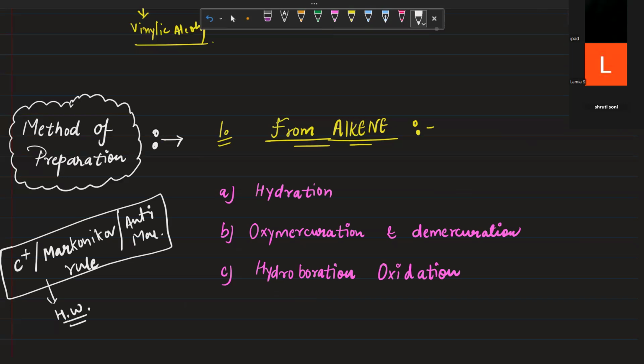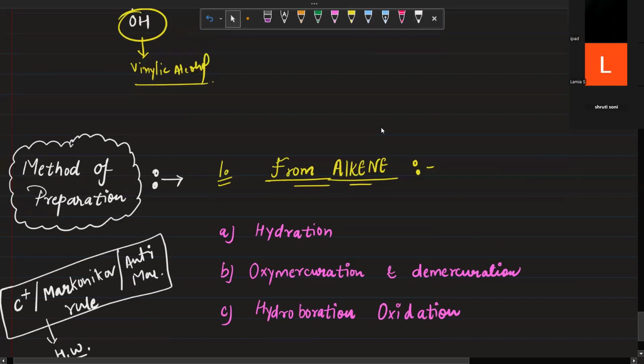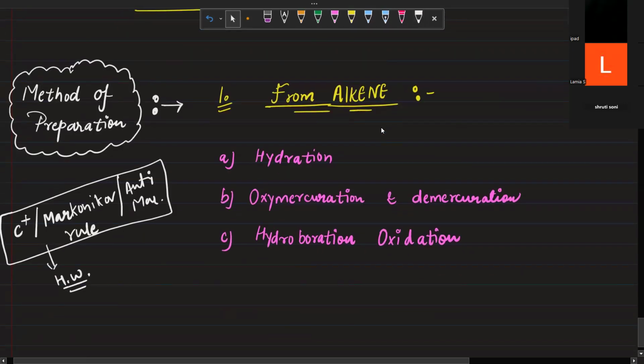We are going to discuss methods of preparation from alkene, and from alkene we can only cover that in the next class, because alkene to alcohol is a little bit lengthier part.